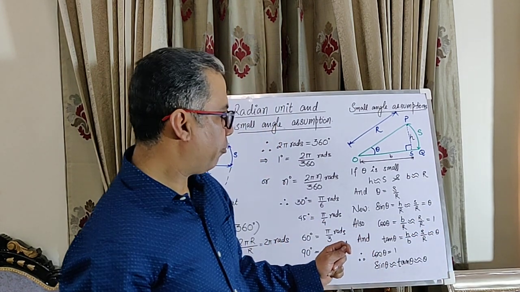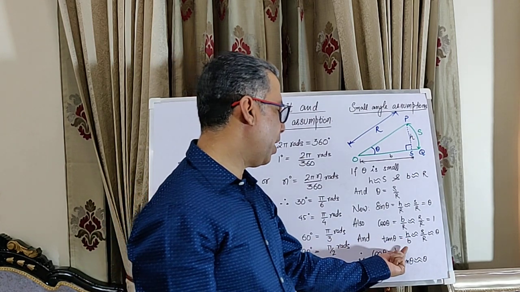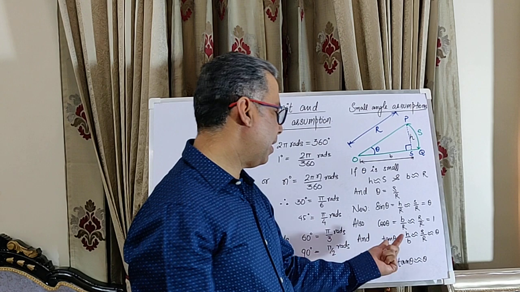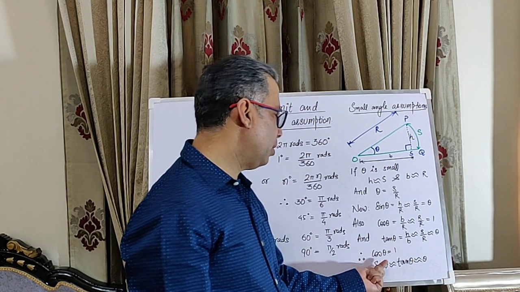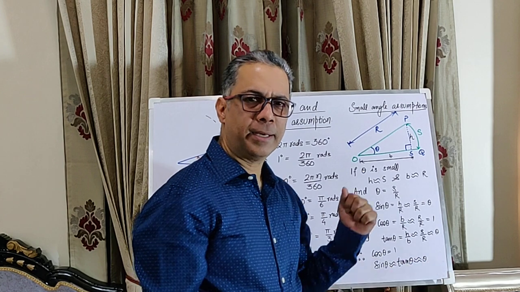Here therefore, for small angles, we notice that cos theta equals 1, and sine theta and tan theta are approximately equal to each other and also equal to the angle theta.